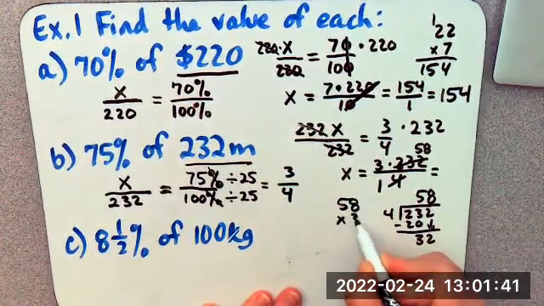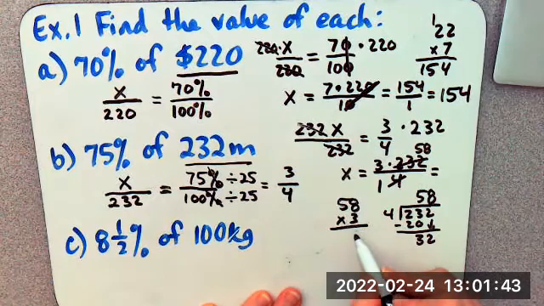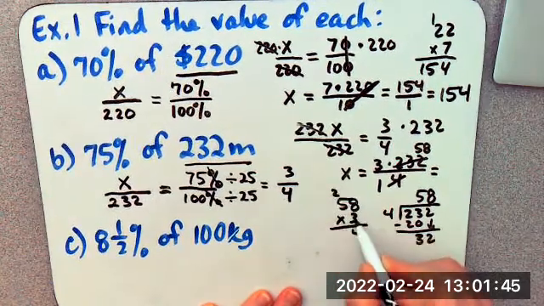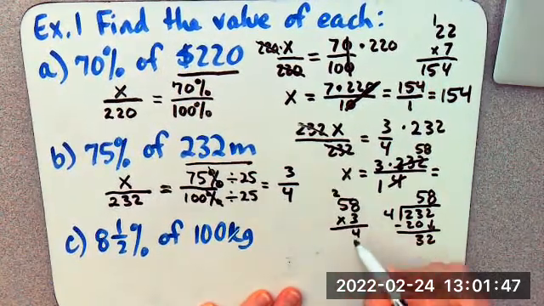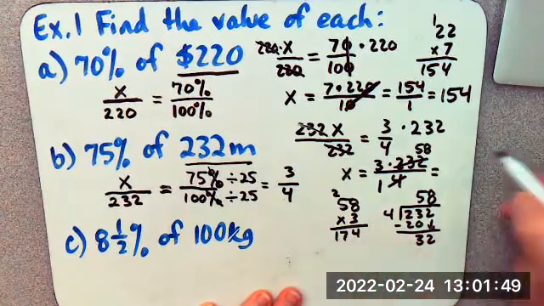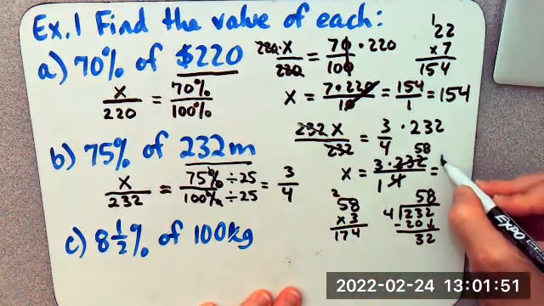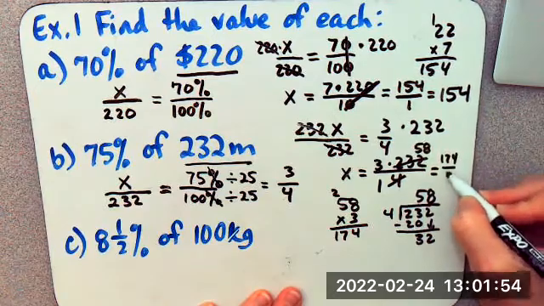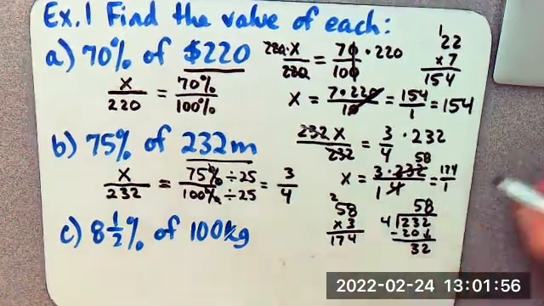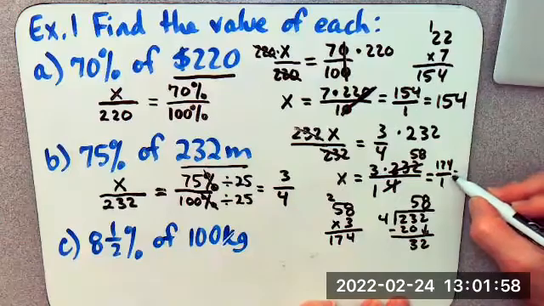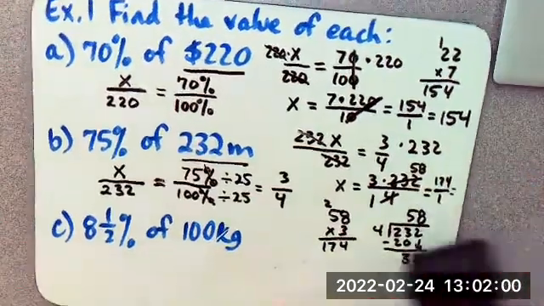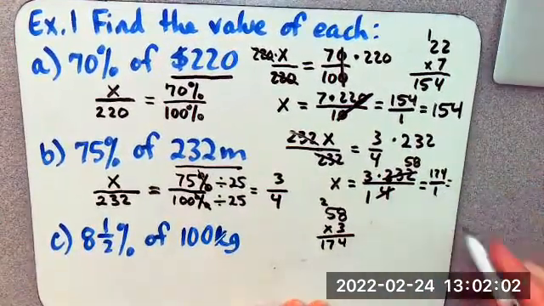Quick little multiplication, and we get 3 times 8 is 24, carry a 2. 3 times 5 is 15, plus 2 is 17. So this becomes 174 over 1, and there are 174 ones in 174. So the answer then is just going to be 174.